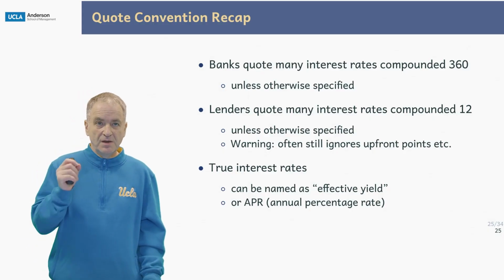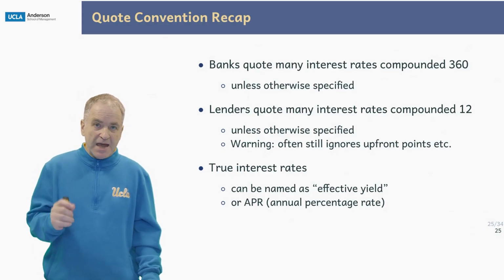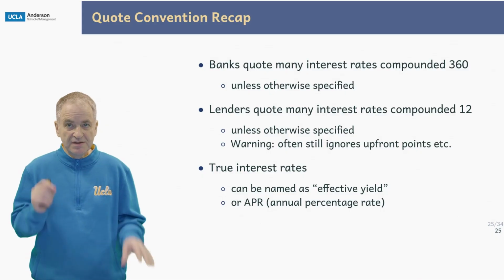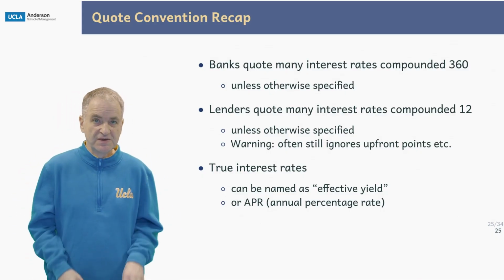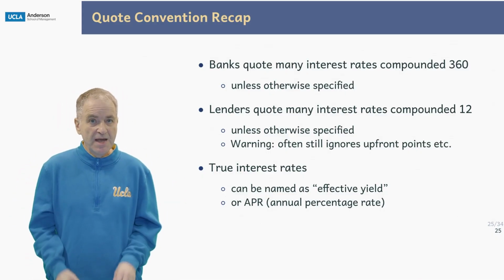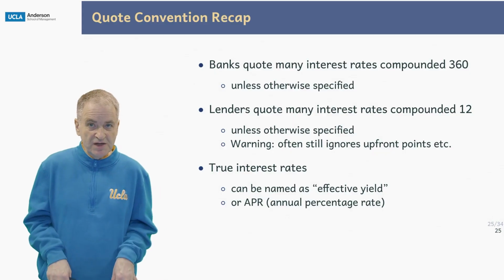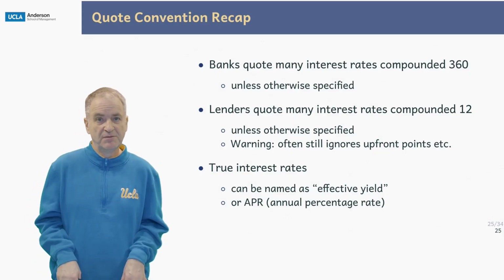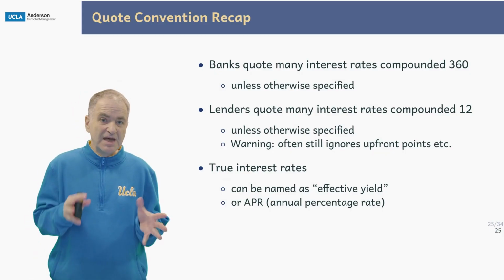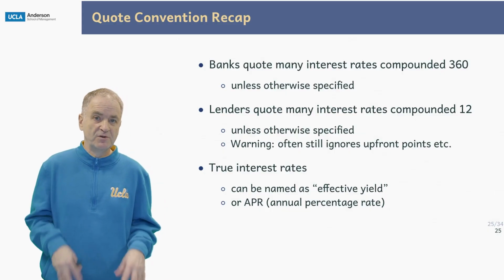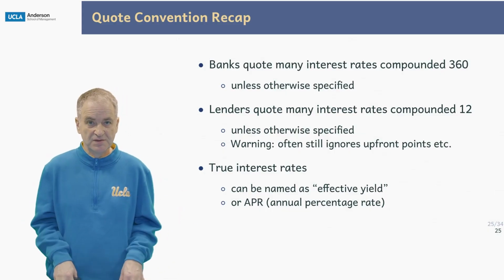So, quote convention recap. Banks quote many interest rates compounded by 360 unless otherwise specified. Lenders quote many interest rates compounded 12 unless otherwise specified. That still often ignores upfront points, payments, fees, or other things.